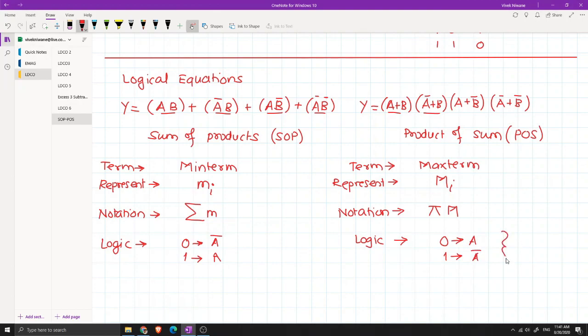We will understand these logics when we solve the numericals. And whenever we have a SOP form, output is always represented as 1, whereas in case of POS form, output is always represented in terms of 0.